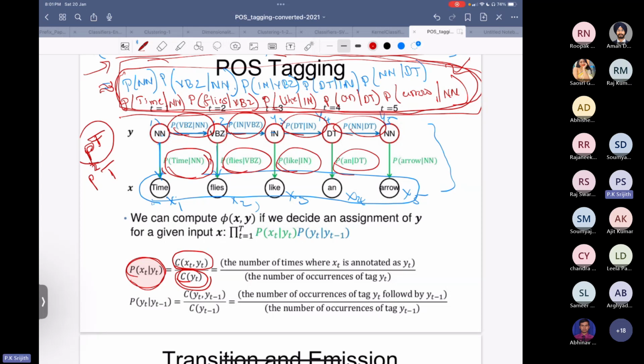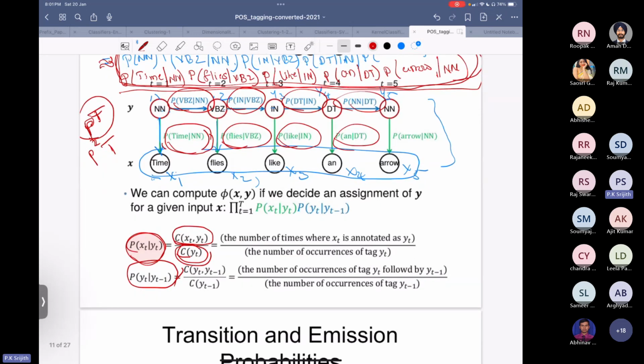And similarly, if you want to find out p of yt given yt minus 1, you look at the corpus and find the number of times the sequence yt minus 1 yt is appearing, and that divided by the number of times yt minus 1 is appearing, and that will give you the probability.